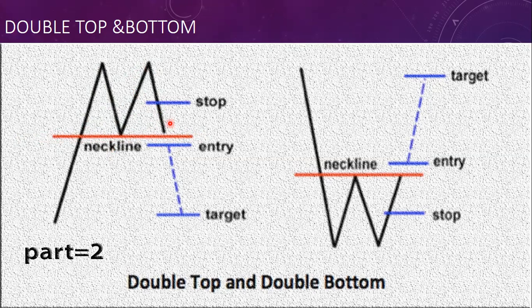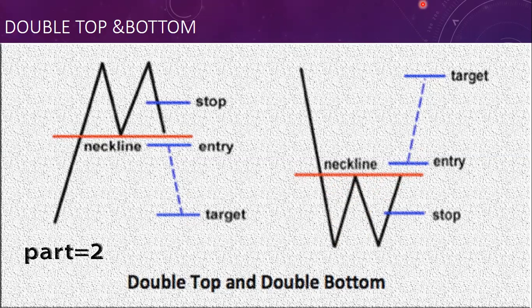If the price crosses this neckline, he will go down. And the same on the double bottom. Here is the neckline. The price crosses this neckline, makes a retest, and then goes up.